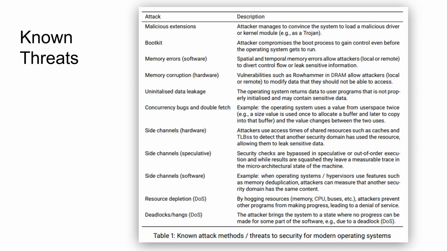There are many types of threats that we know of, and the simplest kinds of threats against operating system security are malicious extensions, where attackers manage to get the system administrator to load some malicious driver or some malicious kernel module because maybe it looks like it's doing something useful, but really it's a malicious thing. Okay. Then there are bootkits, where this could be a malicious extension trying to compromise the boot process.